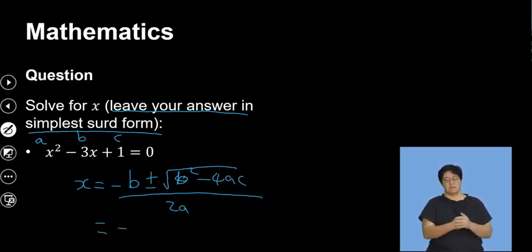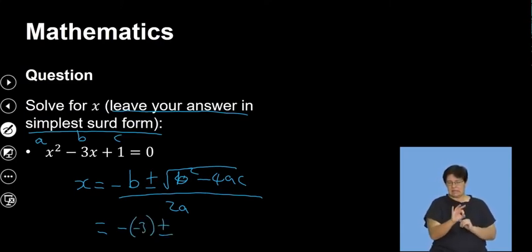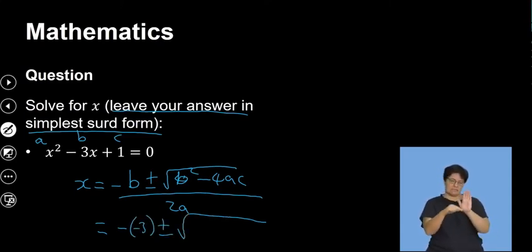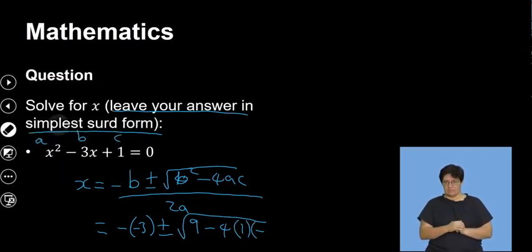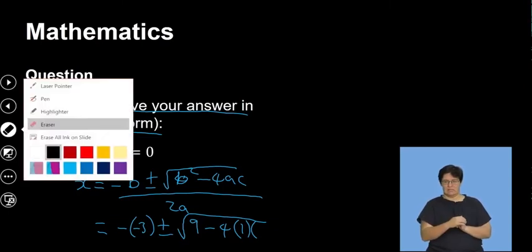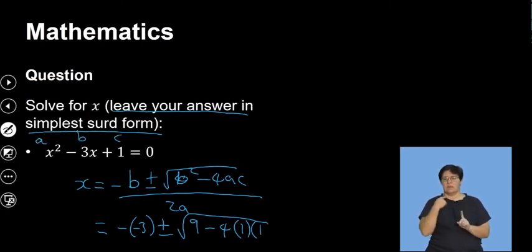Minus the b we said is minus 3, so it will be negative 3 plus or minus the square root of minus 3 squared, which will be 9, minus 4 into the a value, which will be 1. The c value will be also 1. Not negative, right? Let me quickly remove that. So it will just be a positive 1.